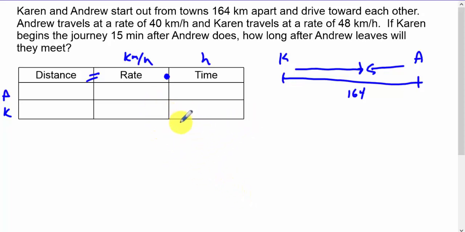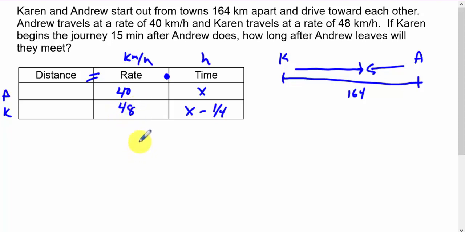That means I want to put the time in hours as well and work in the same units. So if we leave 15 minutes later for Karen, that's the time that Andrew went minus a quarter of an hour. And Andrew traveled x amount of time. We know each of their rates. Andrew travels at 40. Karen travels at 48.